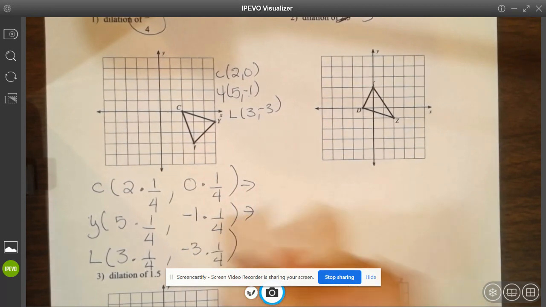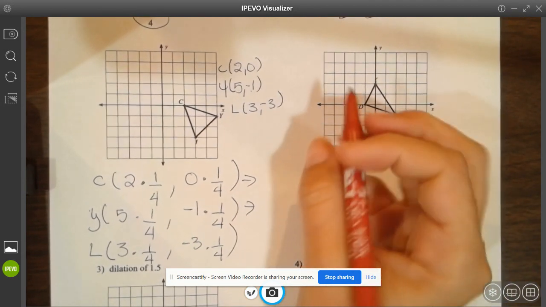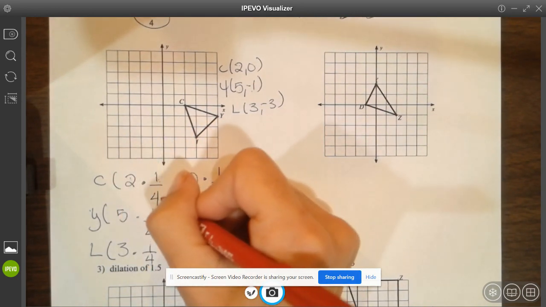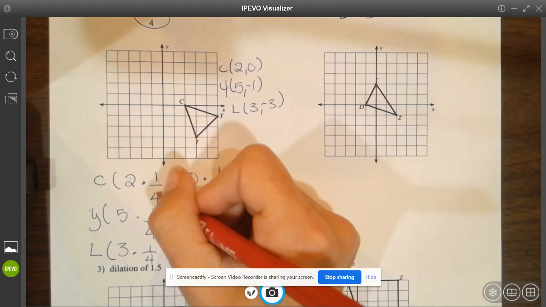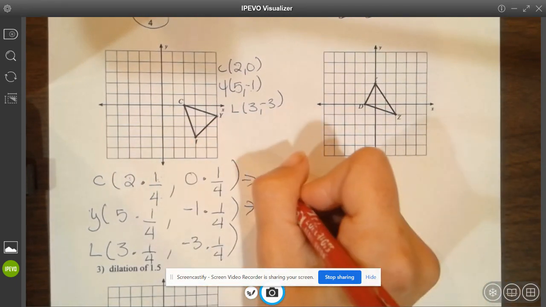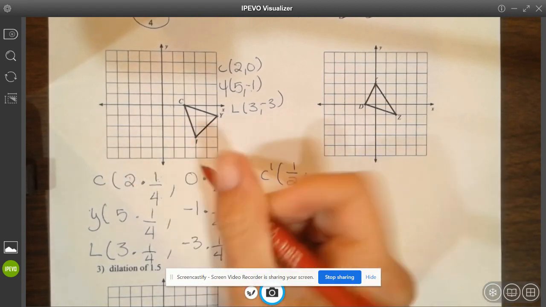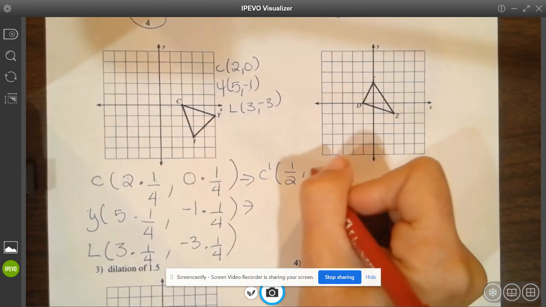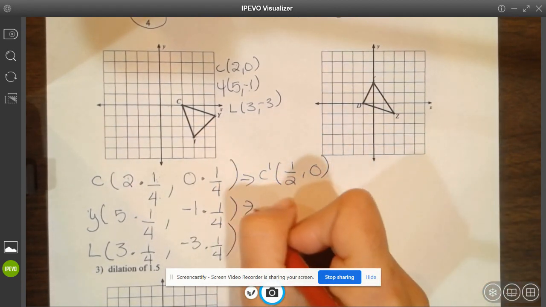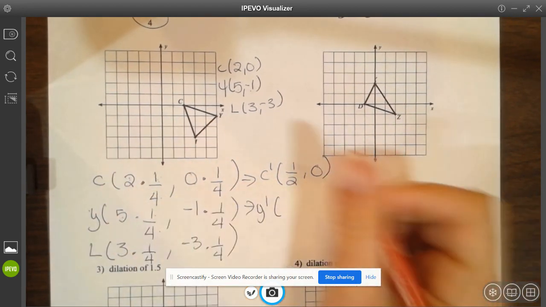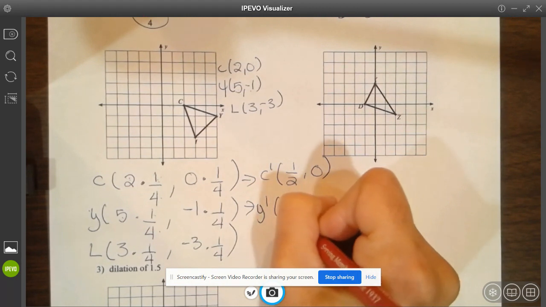So my new point: 2 times 1 is 2, divided by 4, that is 1/2. So point C is 1/2, and 0 times that is 0. Y is 5 times 1 is 5, divided by 4 is 5 over 4.